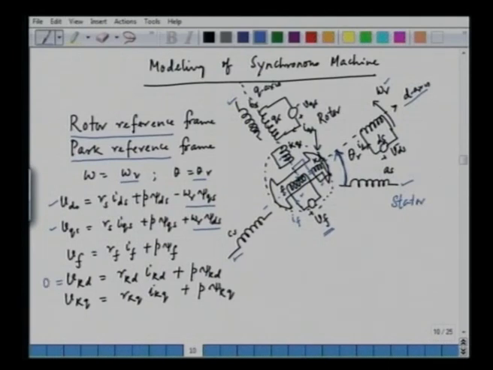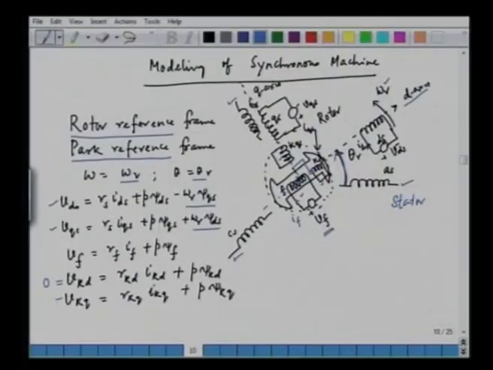They are meant for damping out the oscillation, and hence they are known as damper windings. Similarly, in the Q axis we have a damper winding that is also shorted, so we can put 0 equal to RKQ into IKQ, the resistance drop in the Q axis damper, plus p psi KQ, the rate of change of flux linkage.